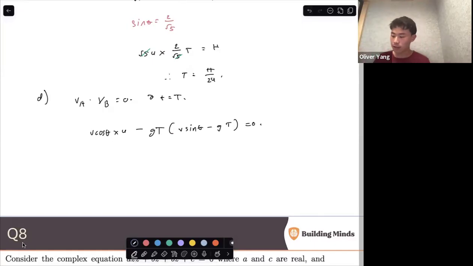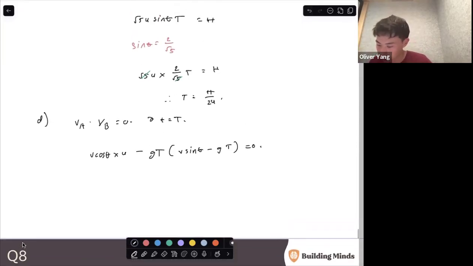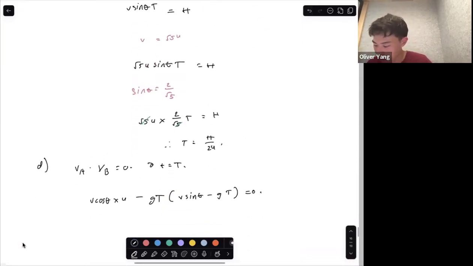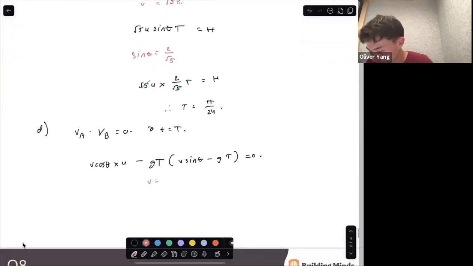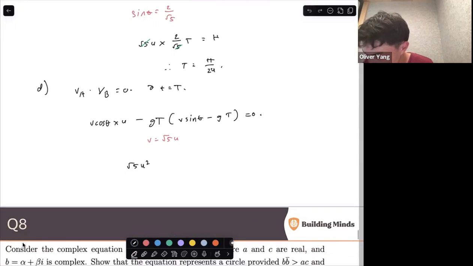Okay, so for this, we're going to just expand. We also can just sub in the things that we know already. So again, v equals root 5 u. And then so we get root 5 u squared, and we also know cos theta is 1 on root 5, right?